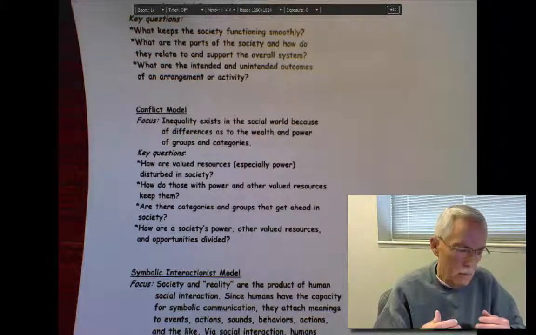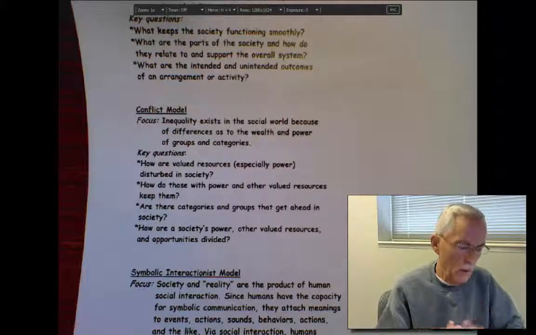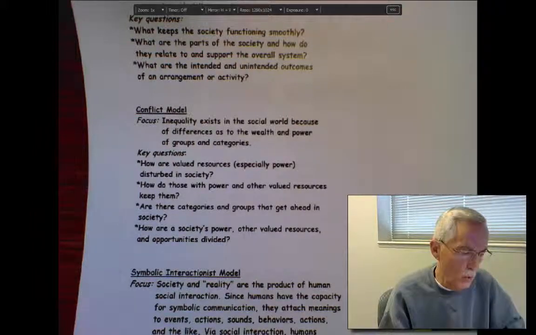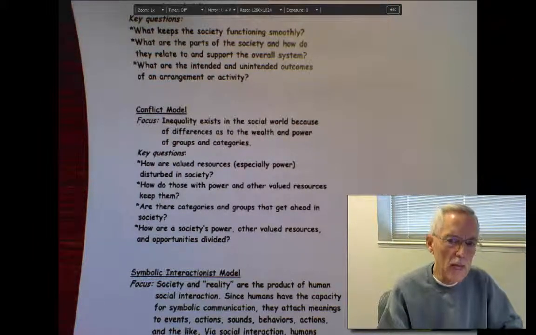According to the conflict approach, women throughout history haven't had the same access, generally speaking, to economic rewards as men. Hence, they've been put into a position in which they have had to rely upon men for economic support.